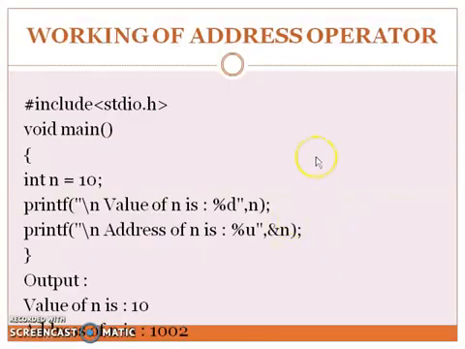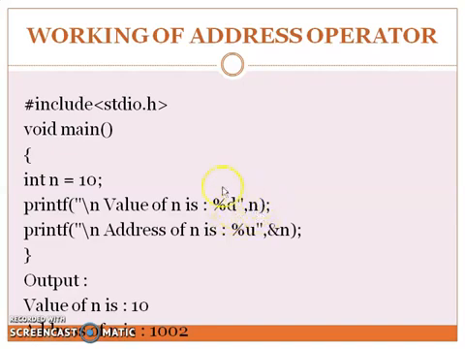So next, how the address operator works is explained with this example. Here we have one simple program. Here we have declared one variable of type integer n, with the value assigned as 10. The next line simply prints the value of n by using the format string d.